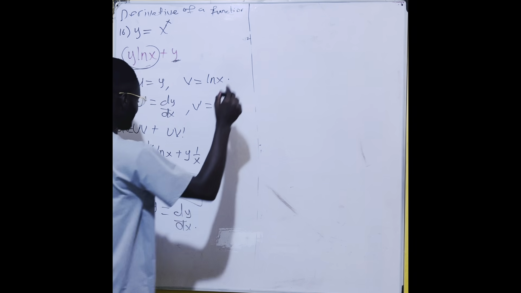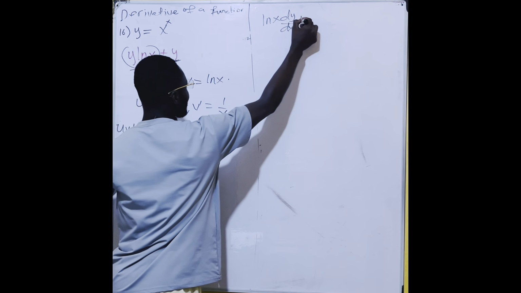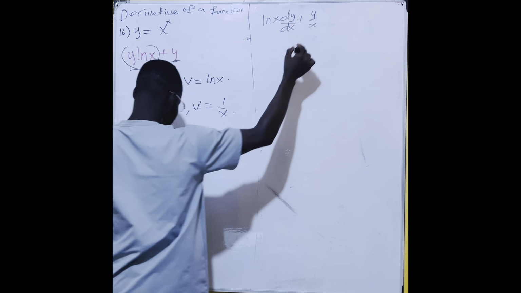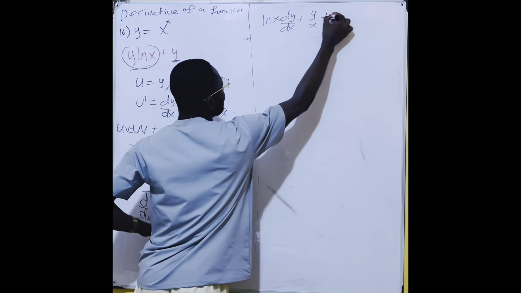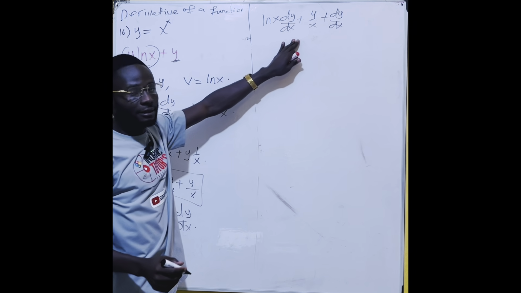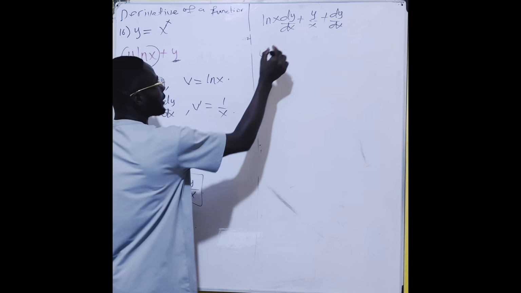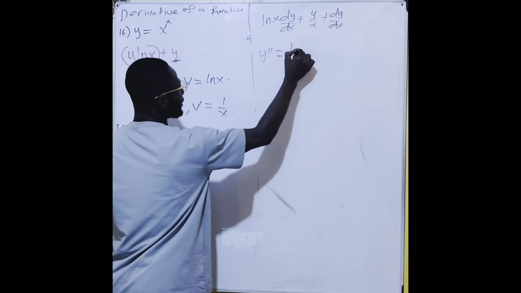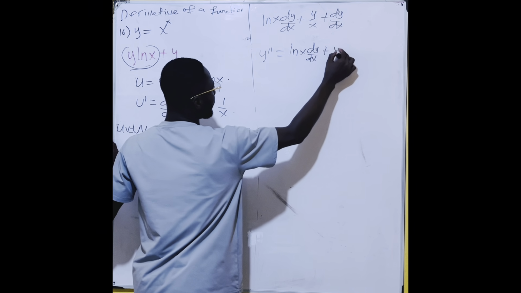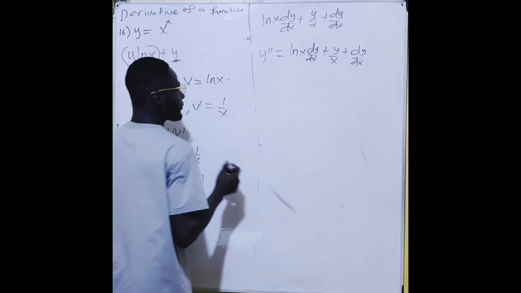So we are going to have ln x dy dx plus y over x plus dy over dx. This is the right hand side, and we know that the left hand side is y prime prime, and that is equal to ln x dy dx plus y over x plus dy over dx, right?